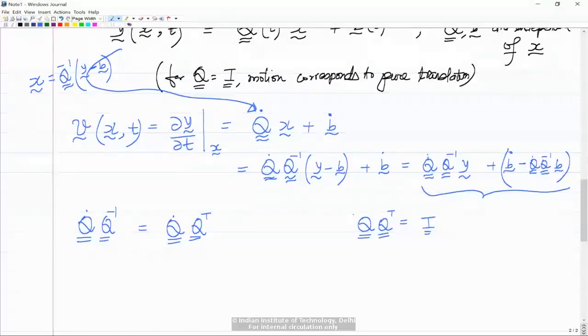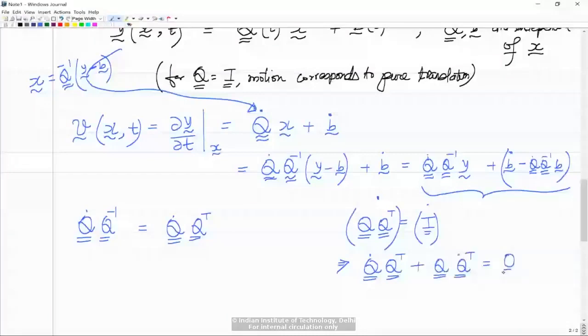Okay, so let's take the time derivative on both the sides, d/dt. So what do we get from here? What we get is q dot q transpose plus q into q transpose dot, that's equal to the zero tensor, right?